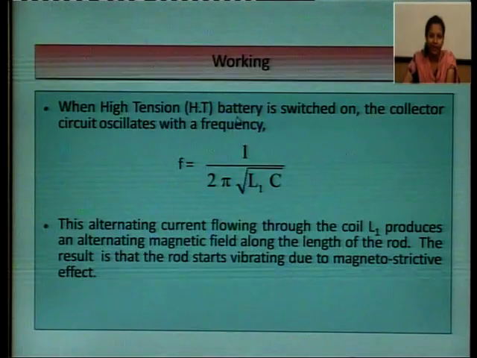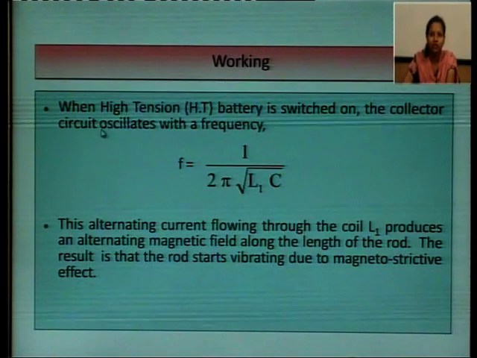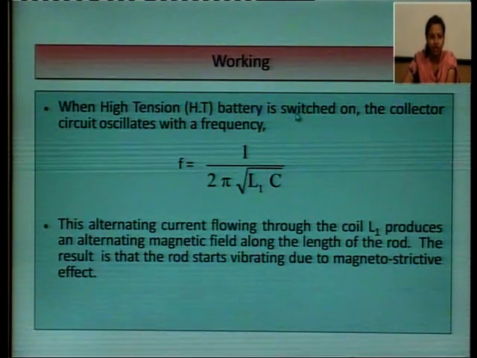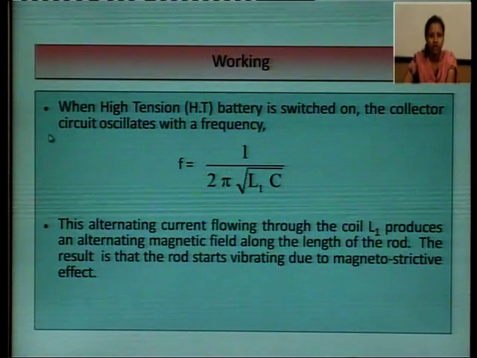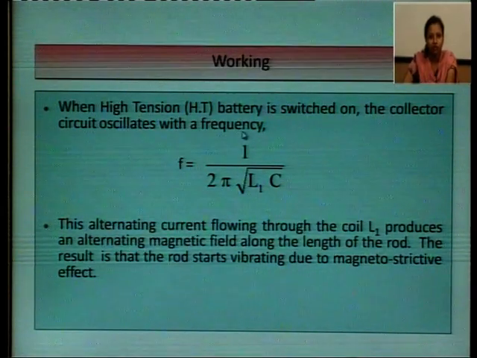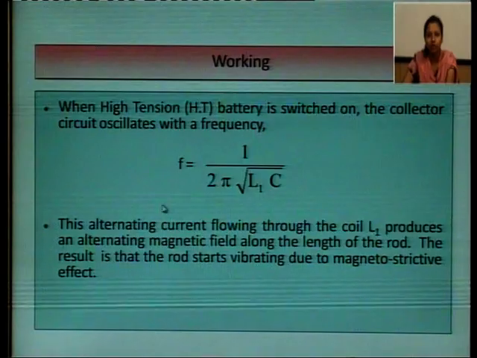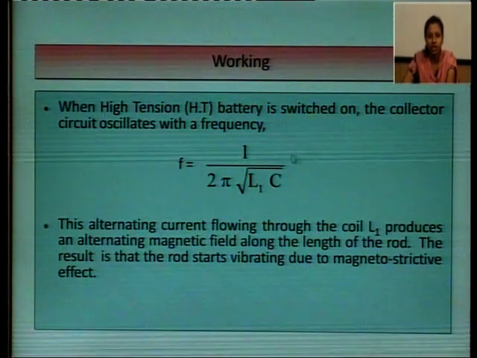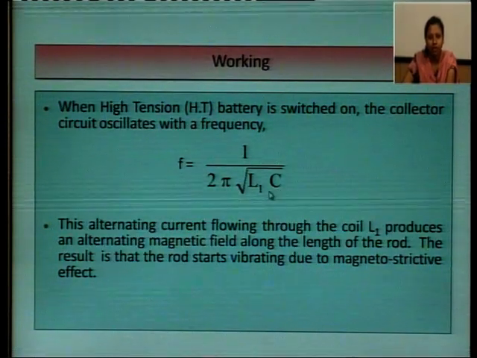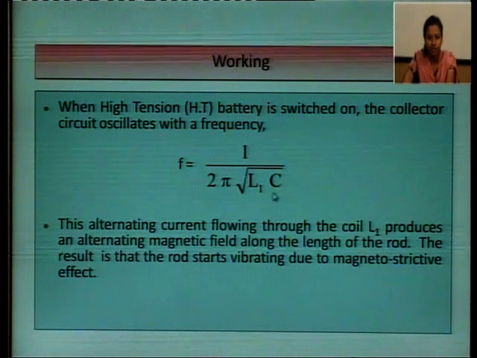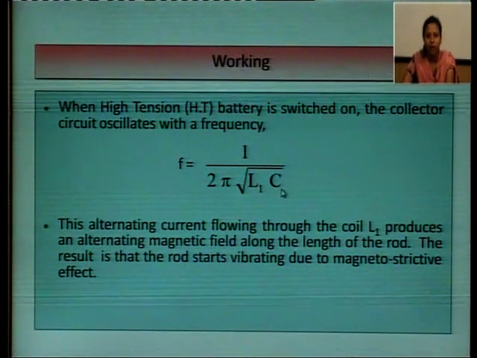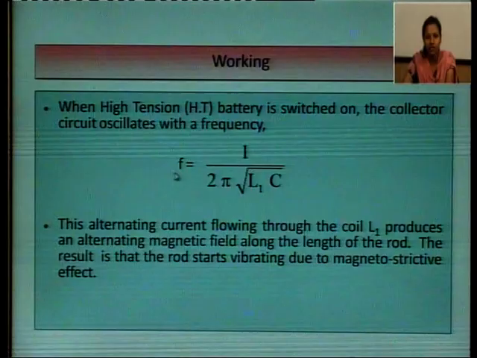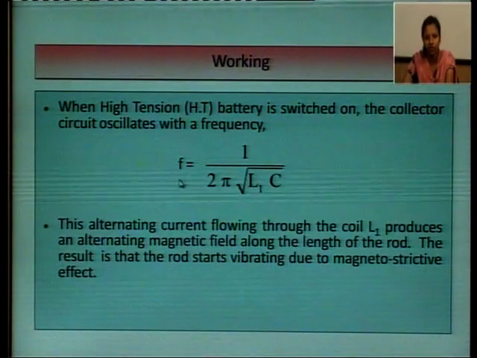So how does it work when the high tension battery is switched on? The collector circuit oscillates with the frequency f equal to 1 upon 2 pi square root of L1C. Here C is a variable capacitor, so we can change the capacitance depending upon the frequency range we want.